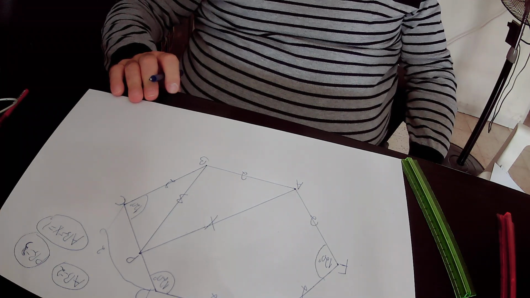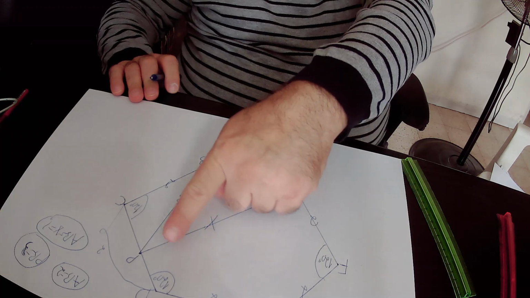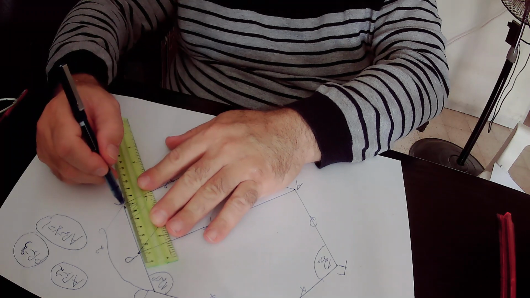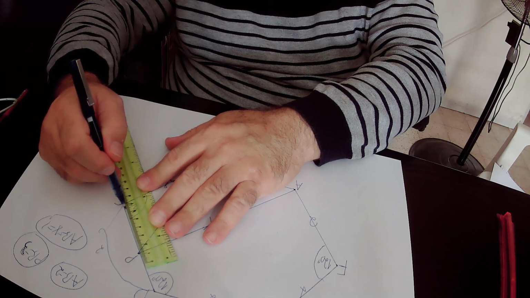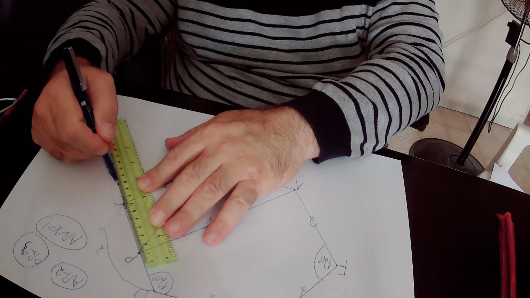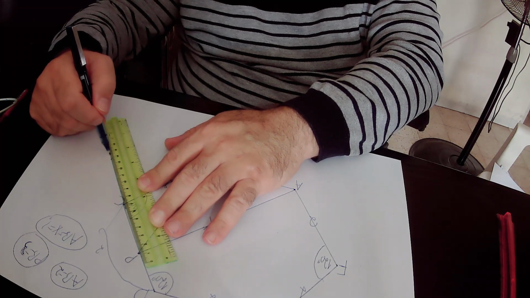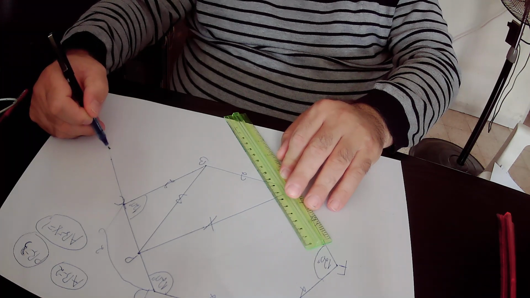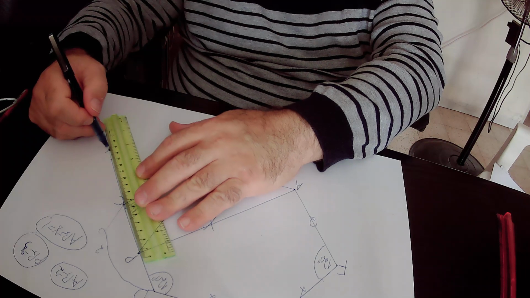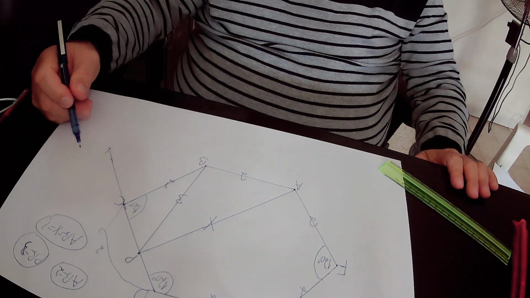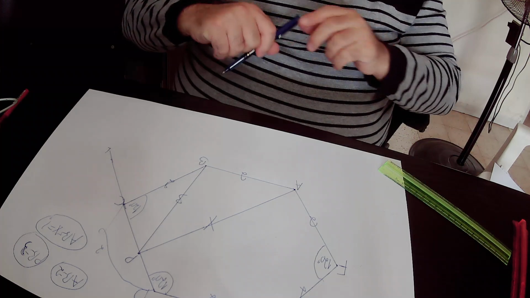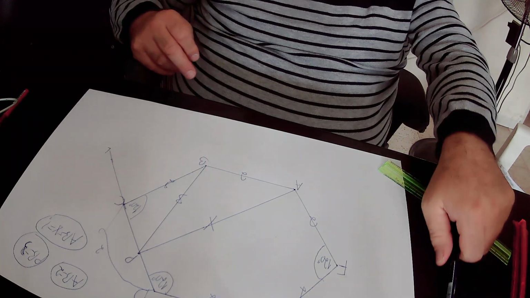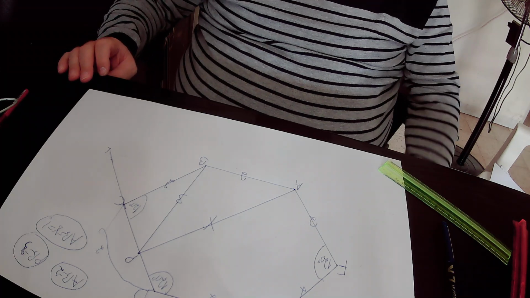In the next step, we will extend side DC by a straight line. We'll define this point as L. DC is one side out of 6 sides of this regular hexagon, and therefore it is absolutely a straight line.